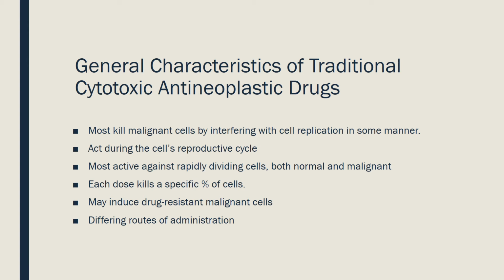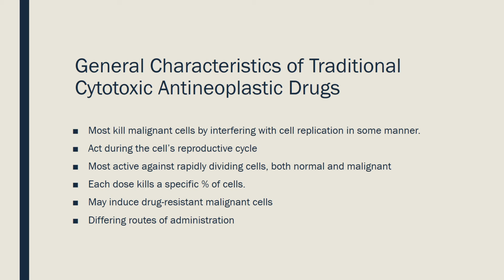So, talking about our traditional cytotoxic anti-neoplastic drugs, most of them kill malignant cells by interfering with cell replication, and they're active against rapidly dividing cells, both normal and malignant. So when we think about that, we have to think about those rapidly dividing ones.